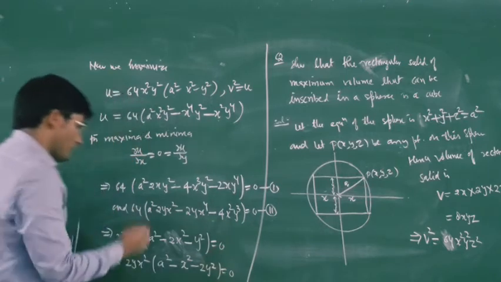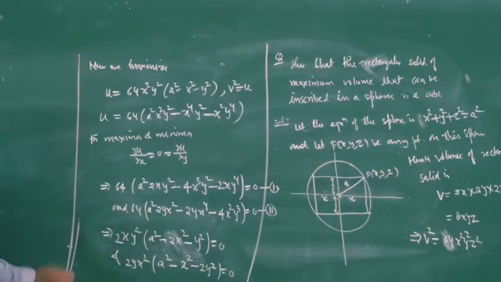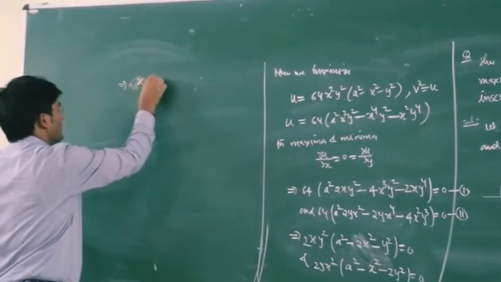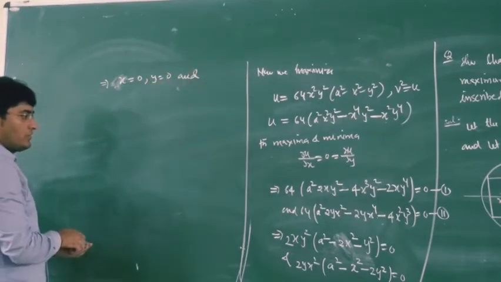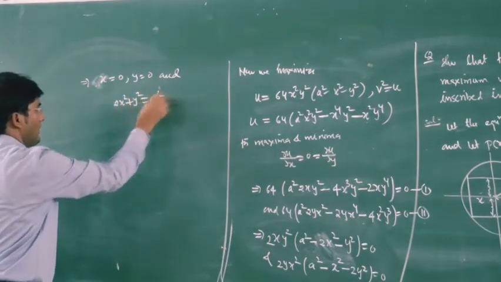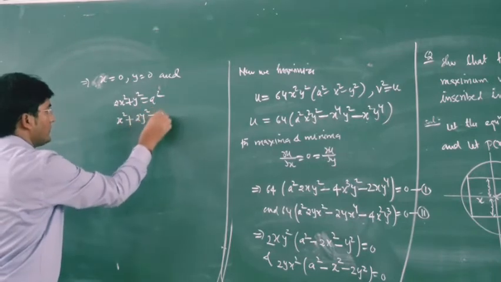So now from here either our x and y will be 0, so we have 0 comma 0, x equal to 0 and y equal to 0, and the other points will be 2x square plus y square equal to a square, and x square plus 2y square equal to a square.